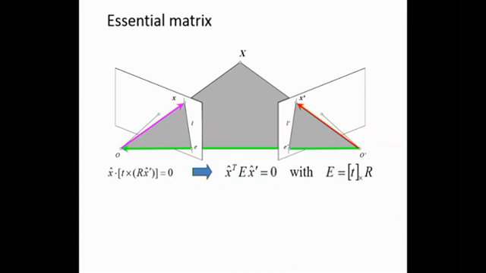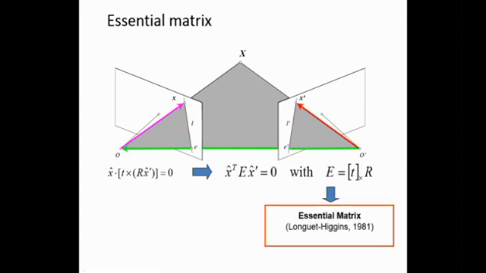E is just the skew symmetric matrix of T times R. So if I have T cross R x hat prime, I can rewrite this as a matrix operation on x hat prime, which is the skew symmetric matrix of T times R. I don't have the skew symmetric matrix here, but it's a 3x3 matrix that places the elements of T so that it gives you the same result as if you took the cross product.